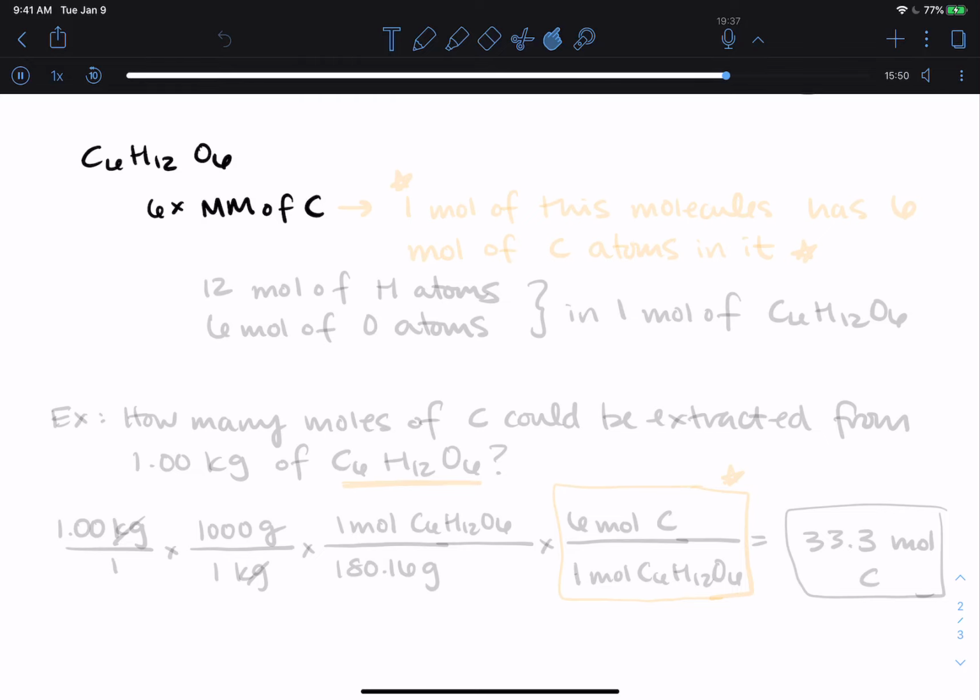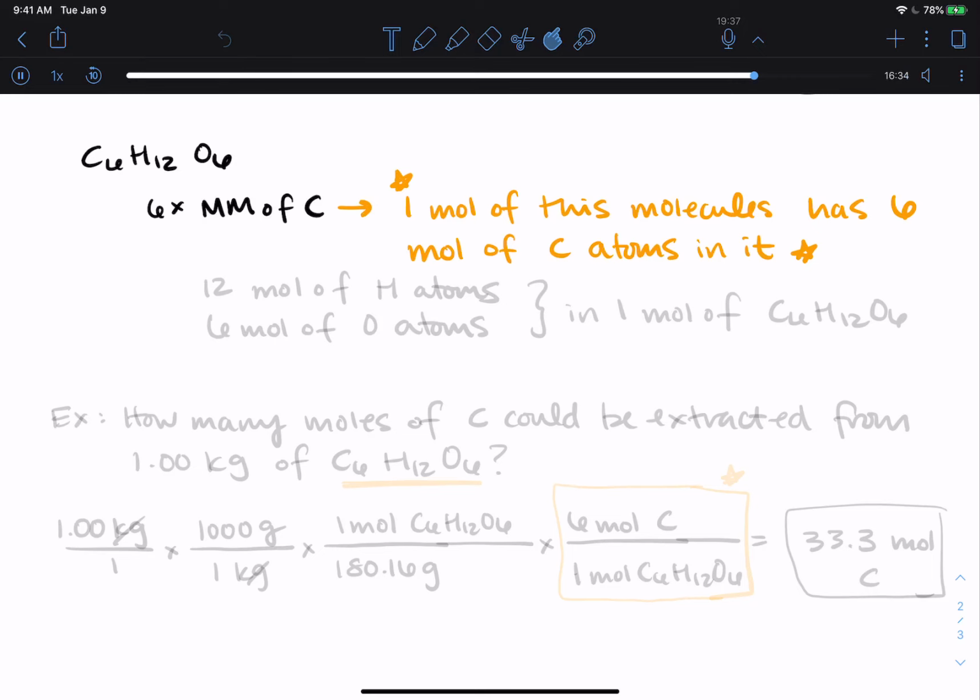Well, when I scale that up to think about this in terms of moles, if I had 1 mole of C6H12O6, this molecule, 1 mole of this molecule has 6 moles of carbon atoms in it. We're going to use this in just a couple minutes in an example.